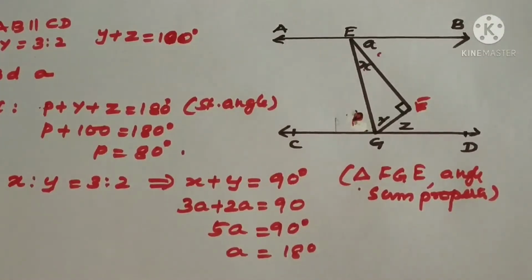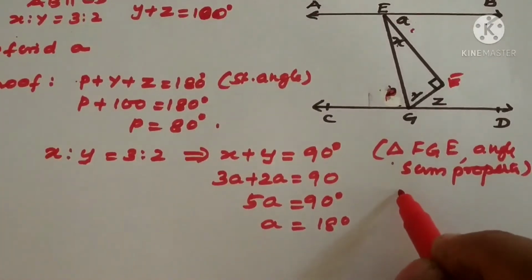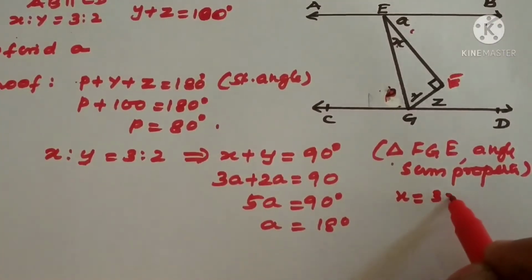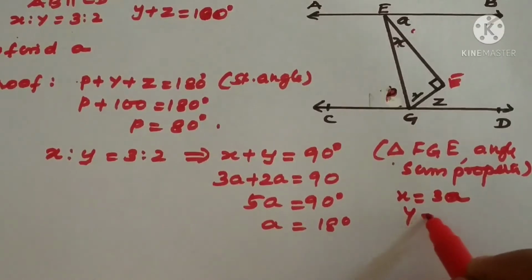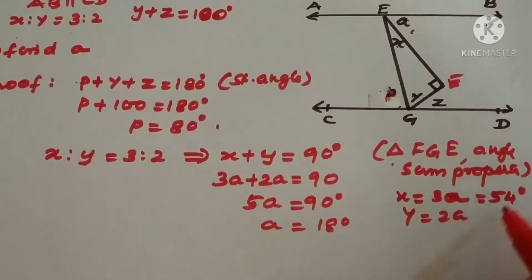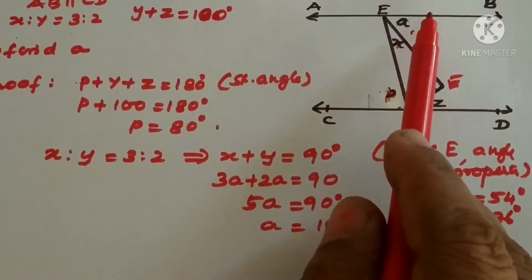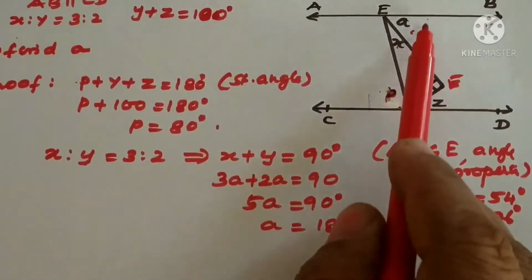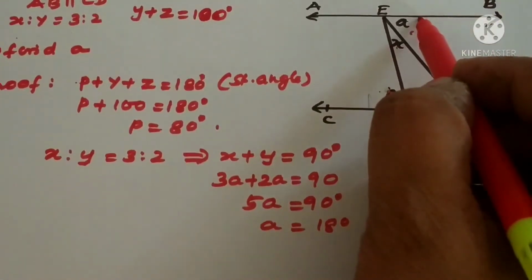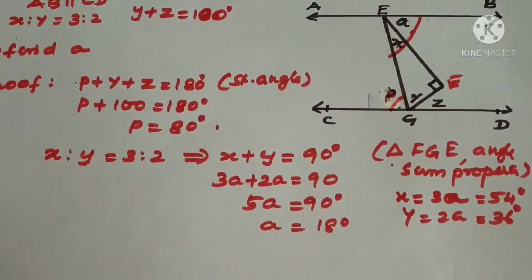Now what is the next step? If a equals 18, what is X? X equals 3a and Y equals 2a. That means 3 into 18 is 54 degrees, and Y equals 2a, equal to 36 degrees. Now we need to find A only, but here AB is parallel to CD. So A plus X and P are alternate interior angles.